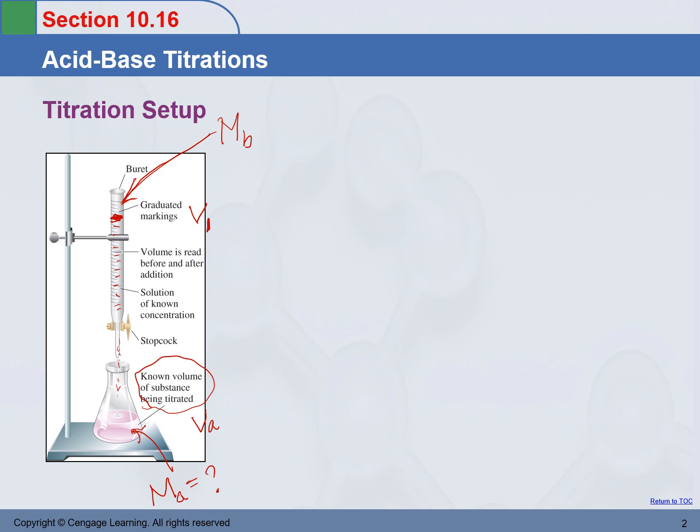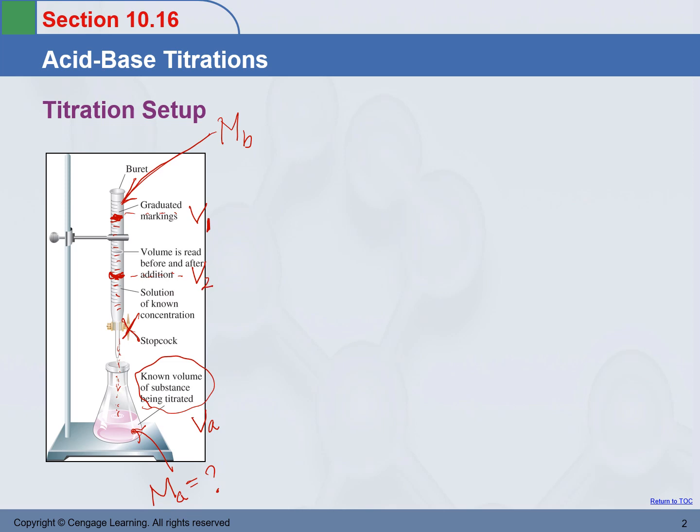Then you drop the base into the acid. While you're dropping, you shake the flask. Let the reaction keep going. Once the reaction is done, once the acid and the base have totally reacted, you stop the stopcock. Now the surface of the liquid drops to here, for example. You read the volume again. That's volume 1. That's volume 2.